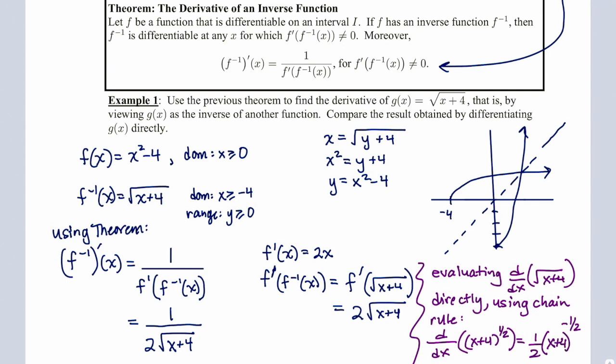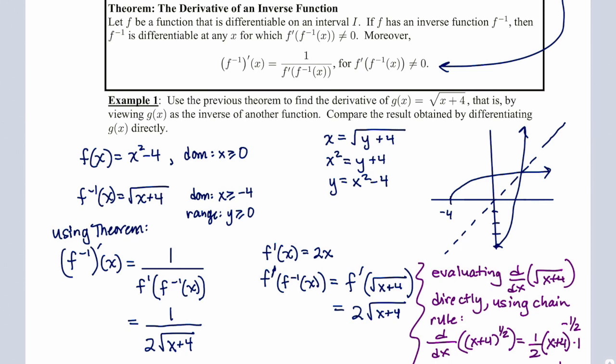My new exponent will be negative a half, and then I multiply by the derivative of the inside, which would just be 1. If I rewrite, that's the same thing as 1 over 2 in the denominator, and then the square root of x plus 4 also in the denominator.